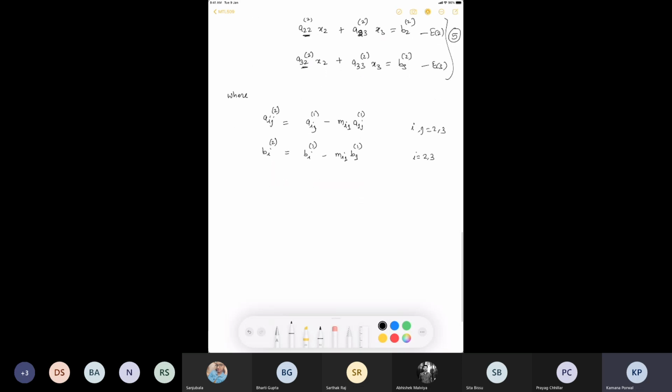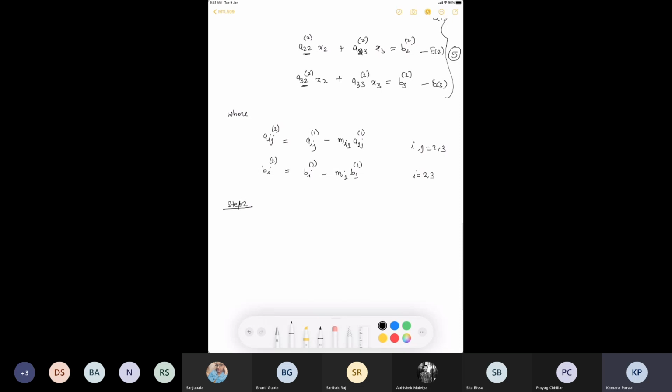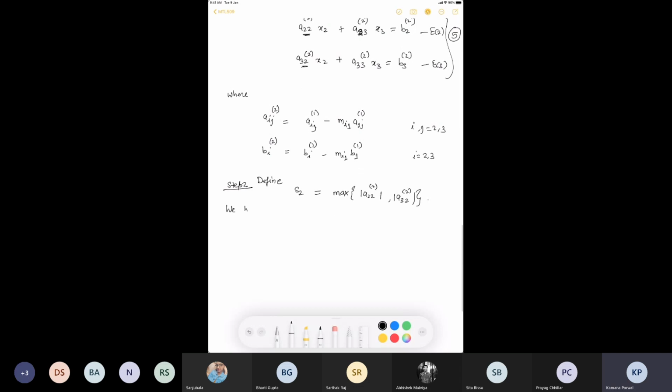So let's perform that step. This is step 2. I'll just repeat the same idea. I'll take the maximum of A22(2) and A32(2), and let's call it S2. We can observe that this S2 will be non-zero.